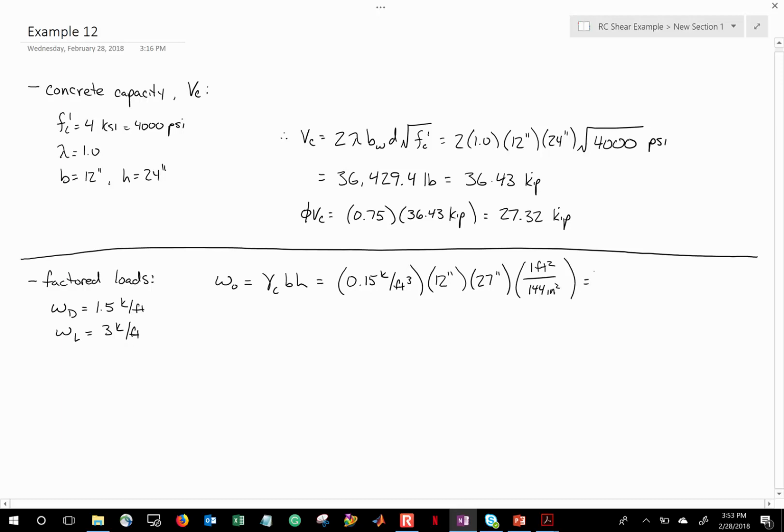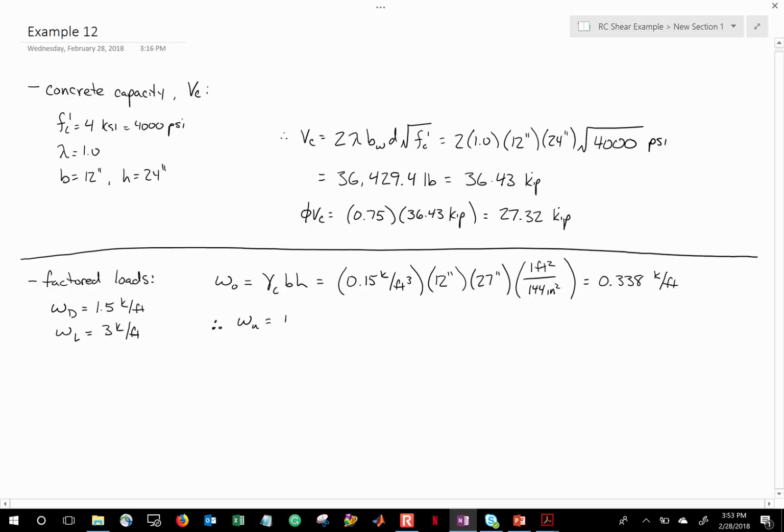Let's go ahead and compute that. So 0.15 times 12 times 27 divided by 144. That's 0.338 kips per foot. So therefore, we'll go ahead and assume that dead load is not incorporated.